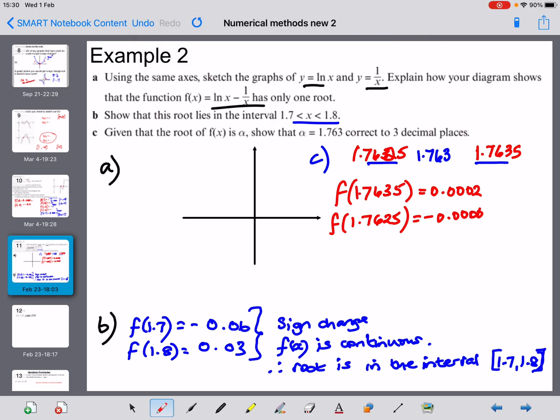Okay, now remember, the root is where f of x is 0. These numbers here are really small because we are now really close to the root. So by being almost on the root, that's why we're getting almost 0. Okay, however, we've still got a sign change.